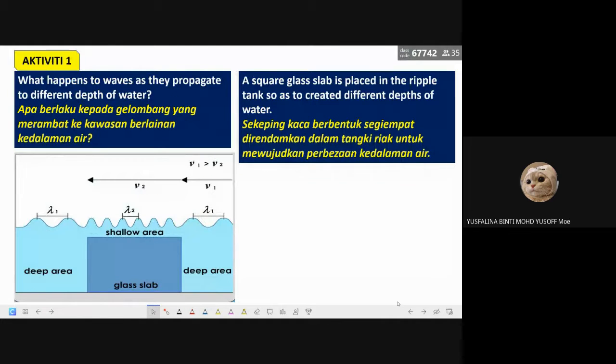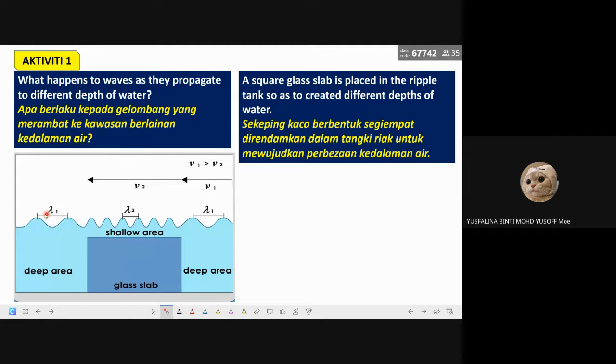What happens to the wave as they propagate to different depths of water? This is the deep area. If you put a glass slab here, this one becomes the shallow area, and again this one is the deep area. First, we compare the wavelength.